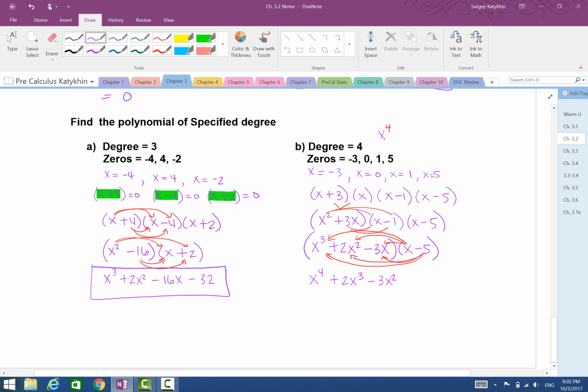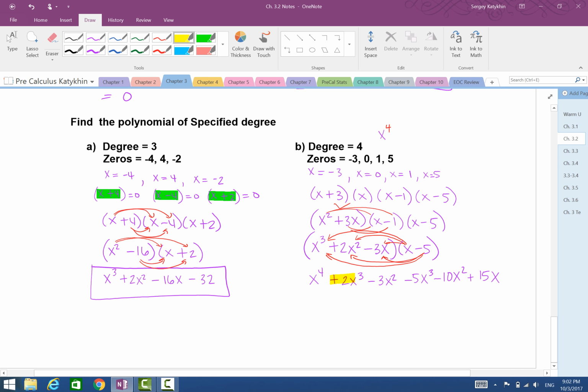Then negative 5 times x cubed will give us negative 5x cubed. Negative 5 times 2x squared will be negative 10x squared. Negative 5 times negative 3x will give us positive 15x.